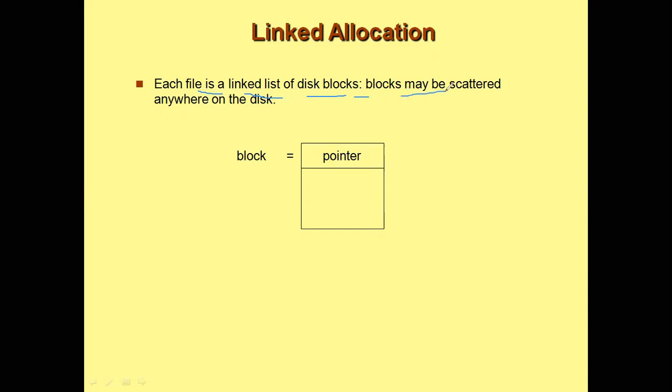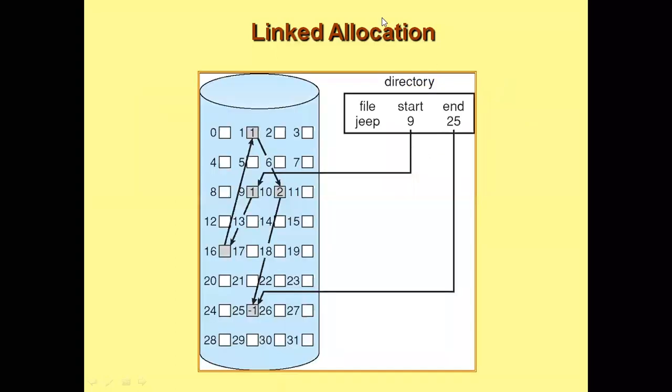That is, in the previous one you saw that the blocks were sequential in manner, right? So here we will overcome that disadvantage by allowing blocks to be scattered anywhere on the disk. Let me show you the schematic representation of it, so that it will be even clearer to you.